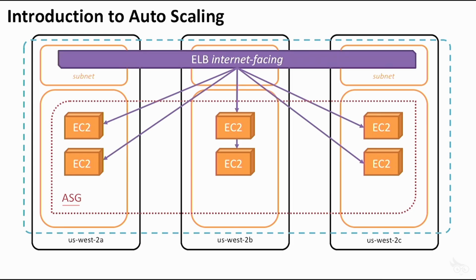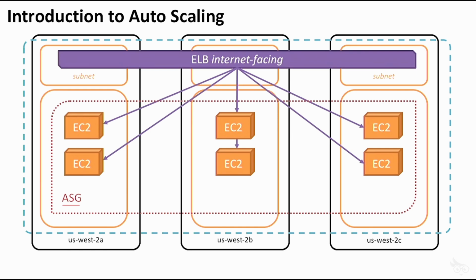And now we can see that our system has scaled out and it's maintained a balance of machines across multiple availability zones. If we were to lose one of these machines, then autoscaling would automatically replace it.